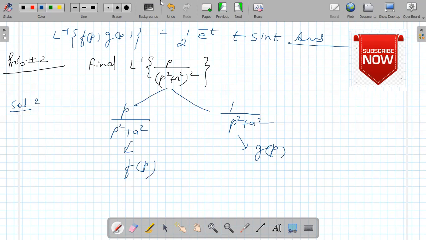So I'll take the Laplace inverse of fp first of all.